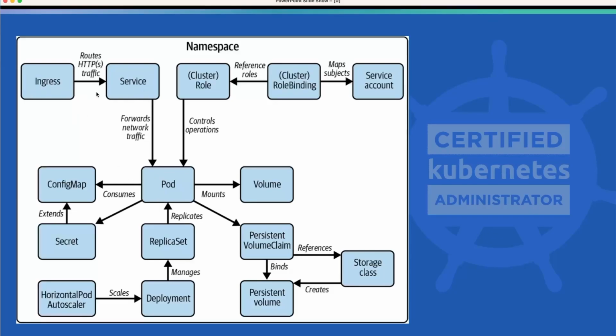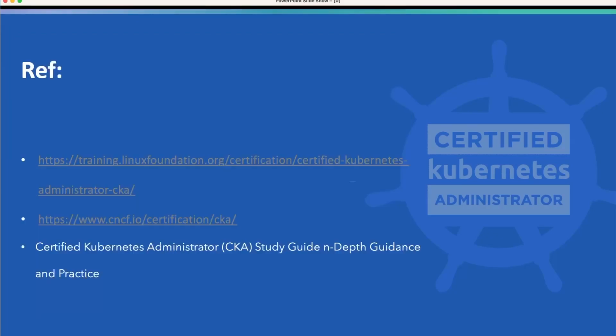That's how the network comes from the ingress and service, connects to the pod, how to claim the PVC, how to get the volume, how to connect the pod, how to connect to secrets, and the RBAC stuff. So you need to understand totally how things work and how the pieces connect to each other.